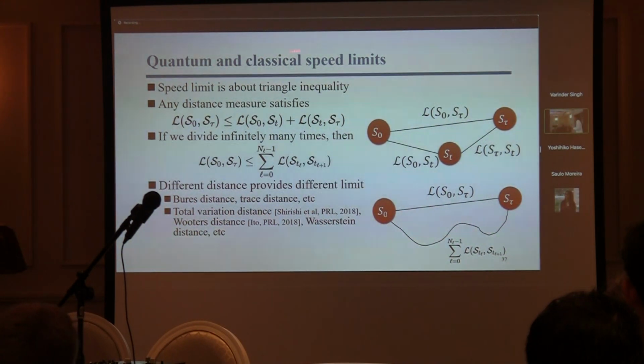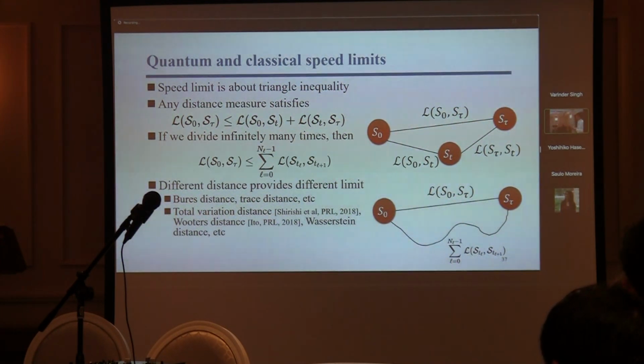First, I'd like to review the basics of the speed limit. The speed limit is all about the triangle inequality. Suppose we have state S. State S may be a density operator or pure state for the quantum case, and for the case of a classical stochastic process, S corresponds to the probability distribution or probability density function. And we can define the distance between states.